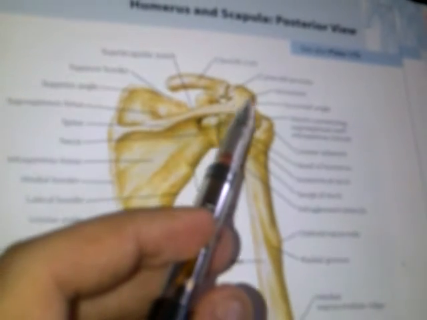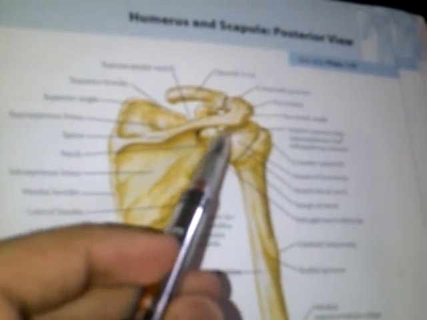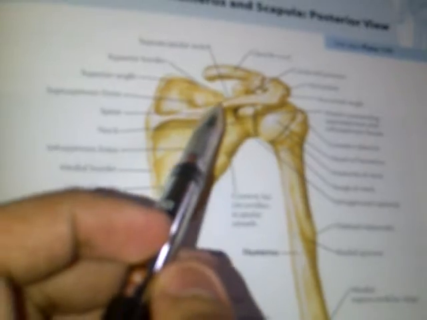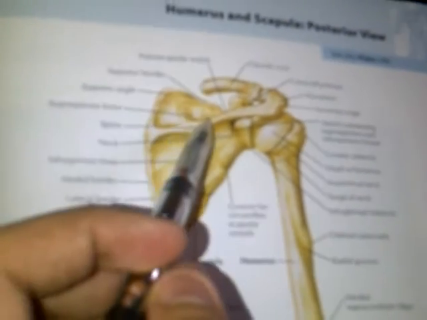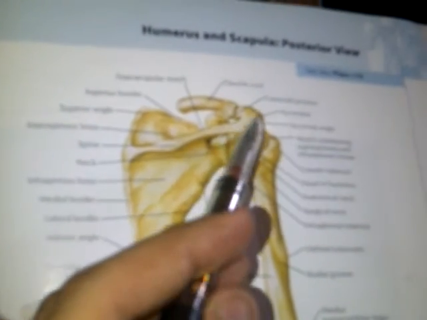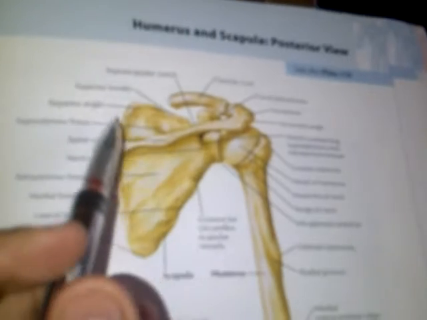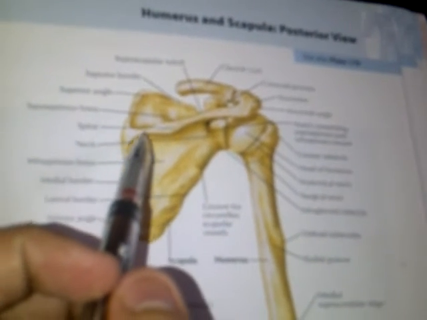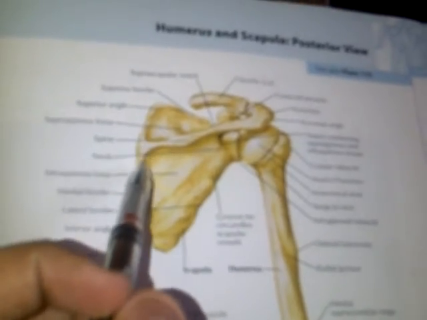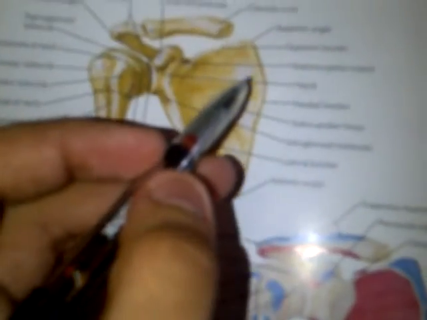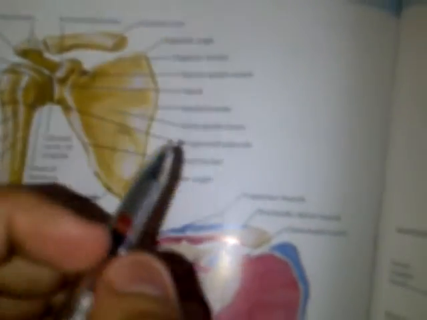Acromial part, acromial angle, continues making the spine. This is the spine of the scapula. So spine, then the angle of the acromion with the acromion point. And as you see here, the spine will be attached to the medial angle here. As we said, the medial angle, from the posterior surface attached to the medial angle here.